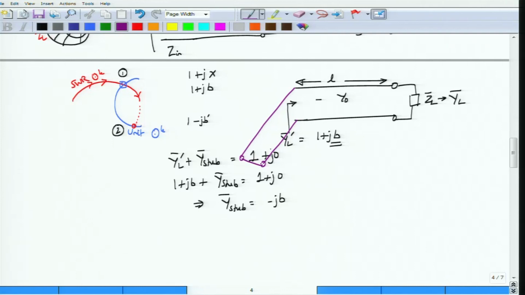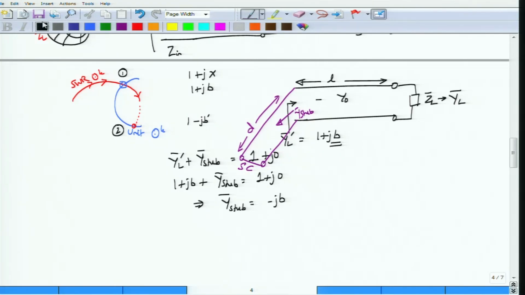Again, these admittances can be obtained. Remember, open circuited or short circuited transmission lines would always give you capacitive or inductive reactances, so they always give you imaginary parts. So you choose the length of the stub appropriately, call this D. If D is chosen according to the value of B required, then it is possible to use either a short circuited stub or an open circuited stub to provide the required admittance looking into this terminal, at the same plane as the stub.